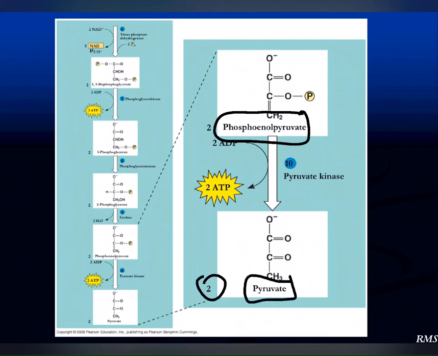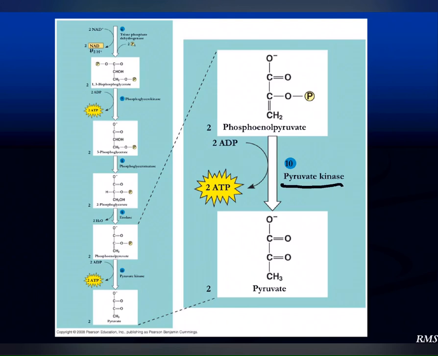So there's the 2 pyruvate to come out. And what does this is an enzyme called pyruvate kinase. And here's the 2 ATP coming out. So remember, previously I said we're at 0 ATP, but we now have 2 more coming out, so we're gaining 2. The good news is you do not have to know those enzymes or those steps.